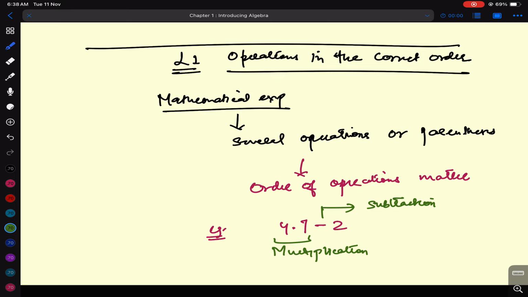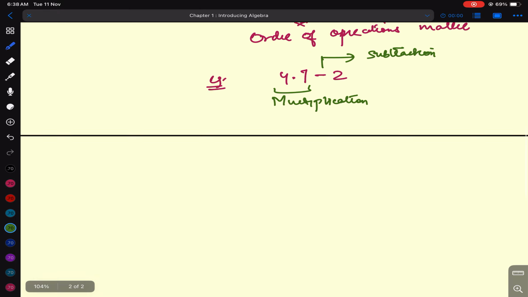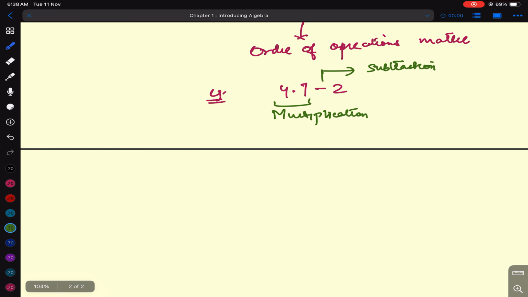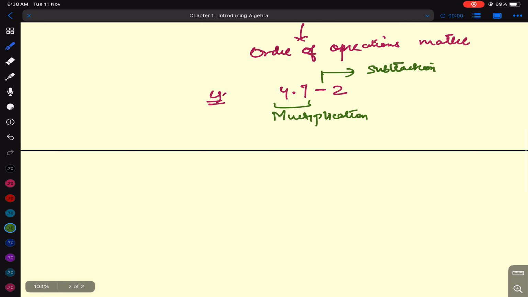Now how do we perform these operations? Do we perform the subtraction first or the multiplication first is what we are going to see, and what makes us decide that we are also going to see. Clear?